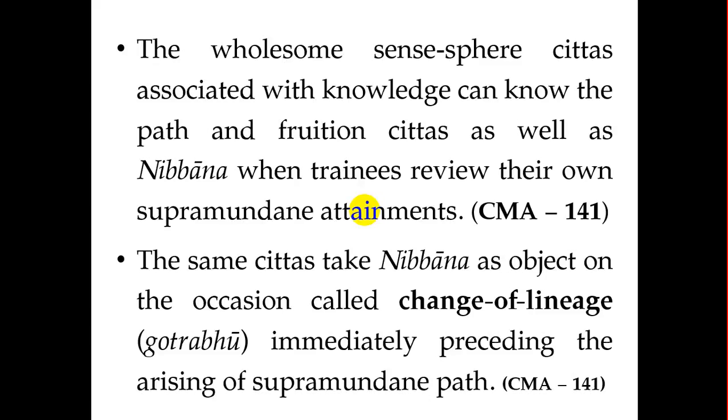So in the next chapter we have to learn the mind process. When we attain Sotapanna, Sotapatti Magga and Phala, we have a mind process. In that mind process, before Sotapatti Magga, there is one mind movement called change of lineage. It is the moment before we attain Sotapatti Magga, when our mental state changes from mundane to supramundane.